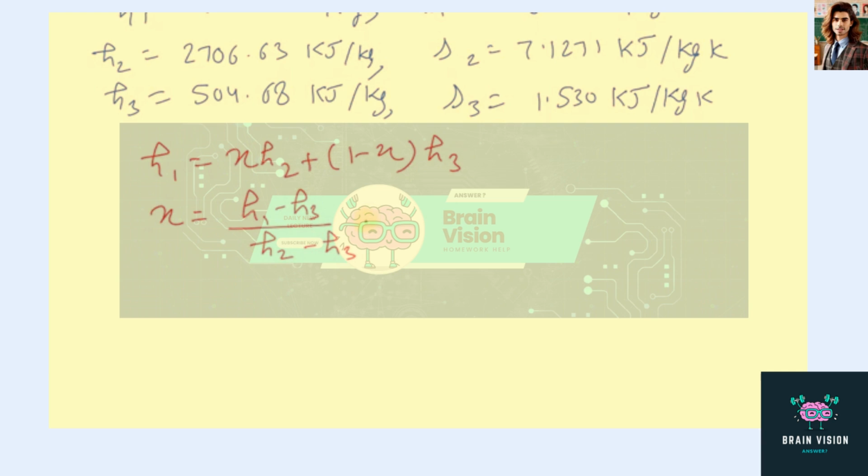Now substitute all the values, so we can write H1, that means 610.7 minus H3, that means 504.68 divided by H2, that means 2706.63 minus H3, that means 504.68. So when we further calculate, we get dryness fraction x is equals to 0.04815.